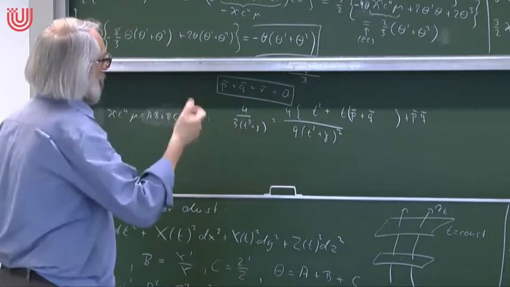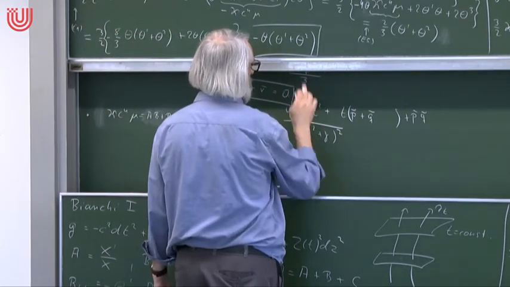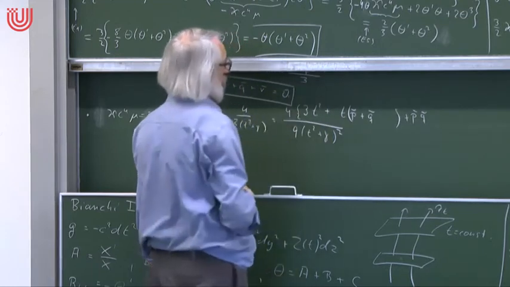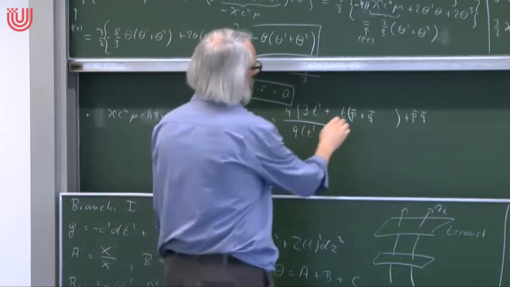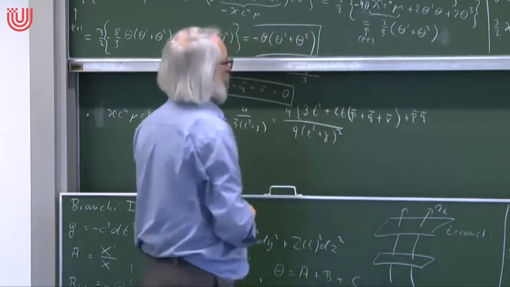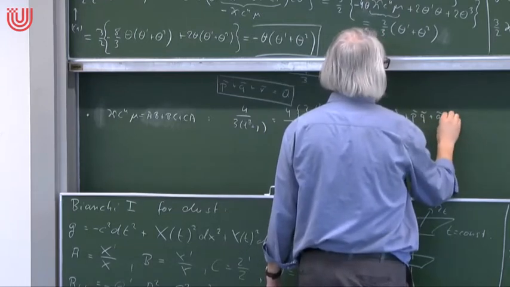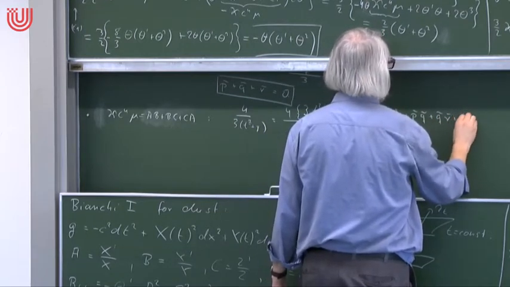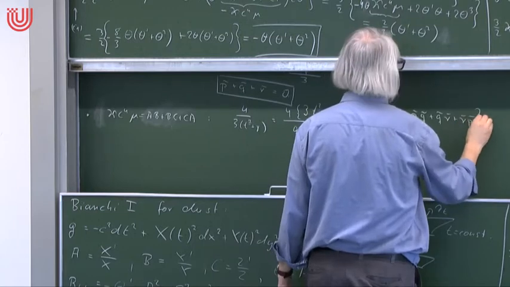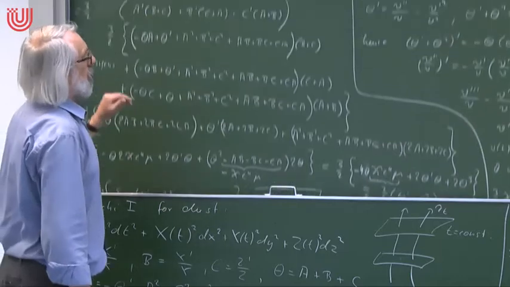If I multiply the other two together, I get this another time, and from the third term another time, so I get this three times. And here I get each of the coefficients twice. And here I get Q tilde R tilde plus R tilde P tilde.